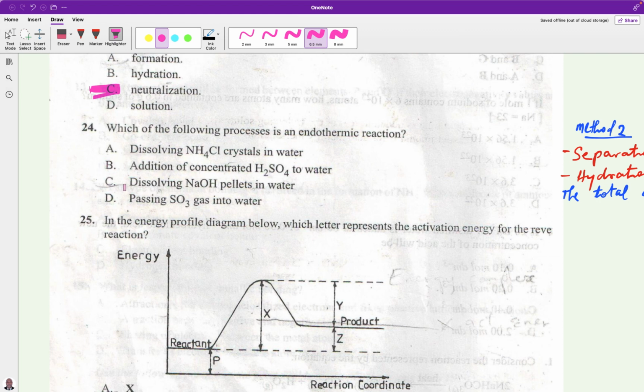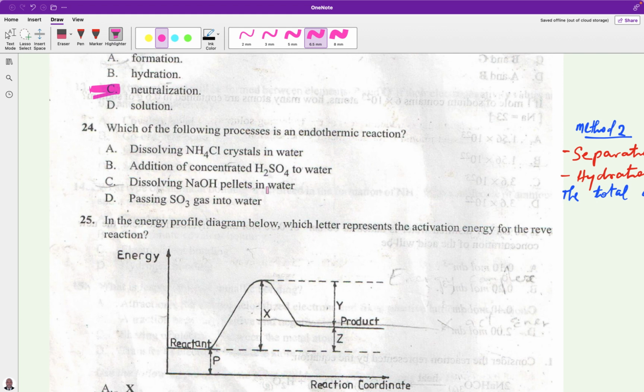C, dissolving sodium hydroxide pellets in water. Sodium hydroxide pellets are just like tablets as you see them. When you put them in a beaker of water, maybe you want to make a standard solution of sodium hydroxide, in a volumetric flask, you want to dissolve it.